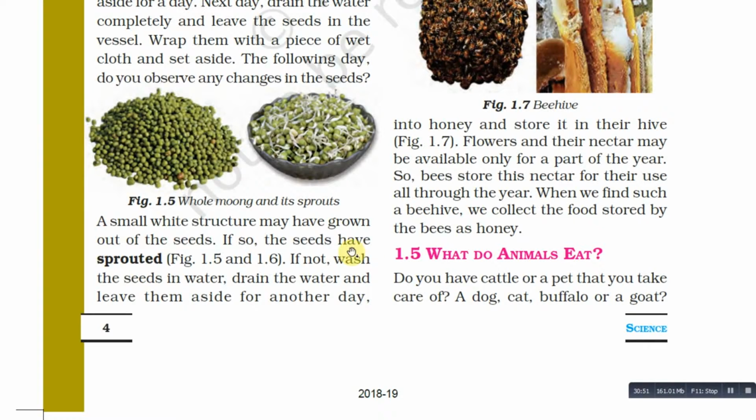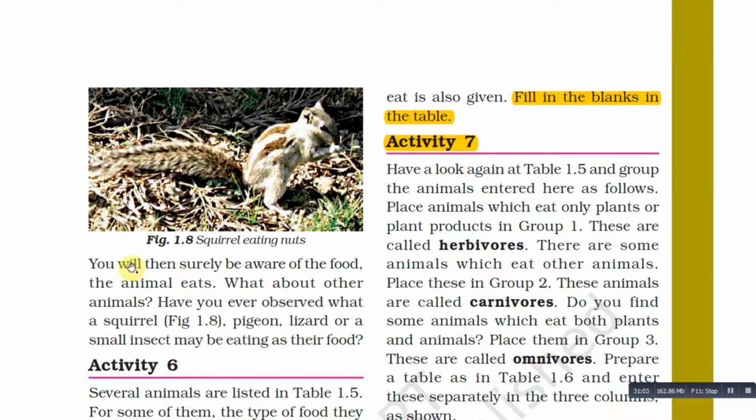Now, what do animals eat? Do you have cattle or a pet that you take care of, a dog or a cat or a buffalo or a goat? Then you will surely be aware of the food the animals eat. What about other animals?